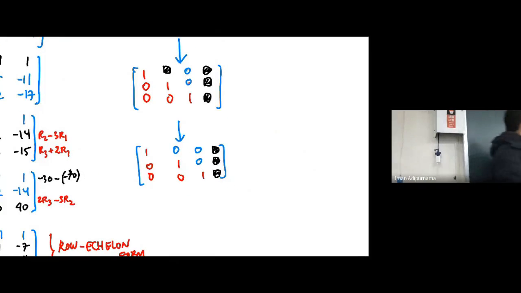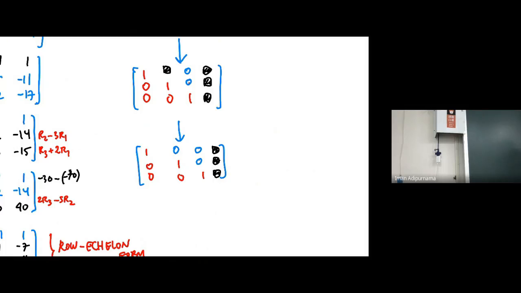So we can get our final result having 0, 0, 0 in the left bottom and then 0, 0, 0 in the right top corner. This form basically tells you that x is exactly this number, y is exactly this number, and z is exactly this number.